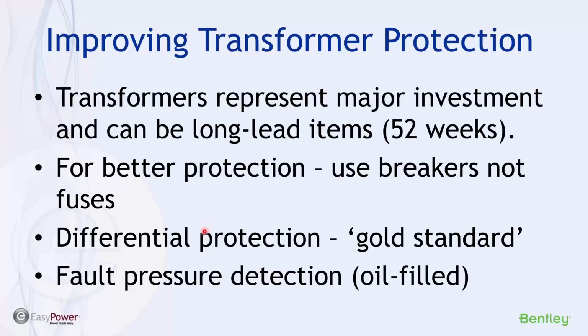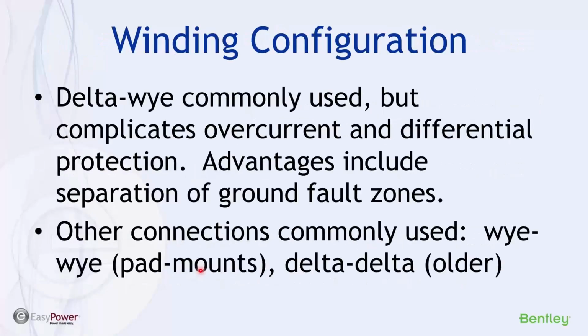For transformer protection against overcurrent, differential protection is the gold standard. And then for incipient faults, very small magnitude pressure detection and/or tracking gas chemistry can be a more effective procedure.